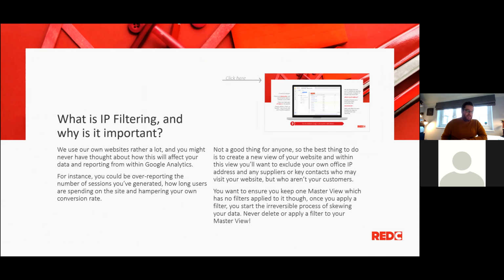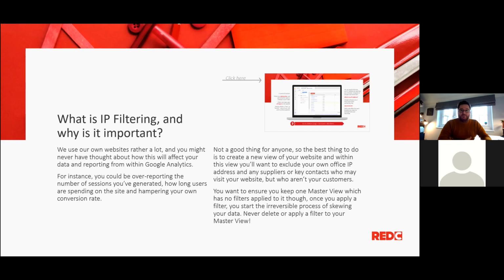Now, IP filtering is another one to consider. We report on usage stats from the website frequently for all of our clients, as well as our own website. The other thing we don't want to be doing is reporting on ourselves. So if you've got your office or offices, you've got suppliers and partners who use your website a lot, they're not necessarily going to be reflective of the audience you want to be reporting on.